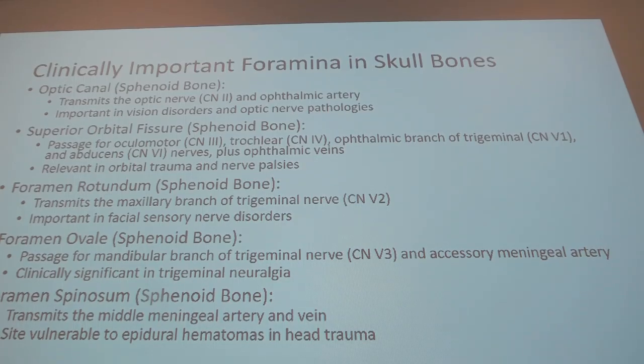This one goes through this foramina that we have not only in the sphenoid, but we have the inferior alveolar nerve that is a branch of B3, the mandibular nerve.